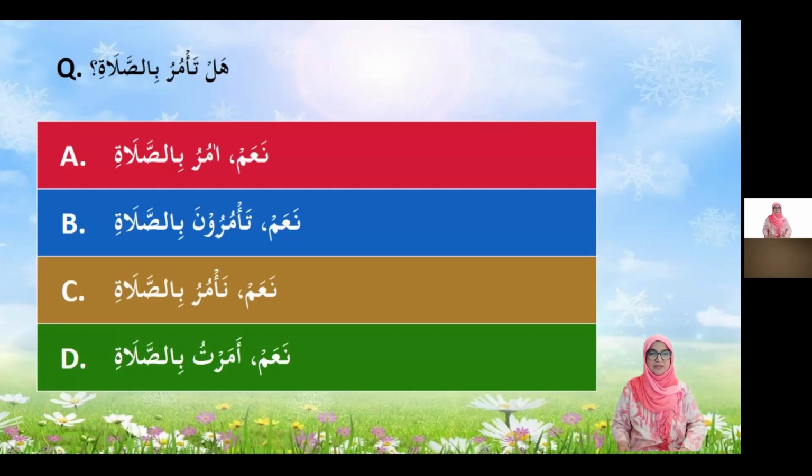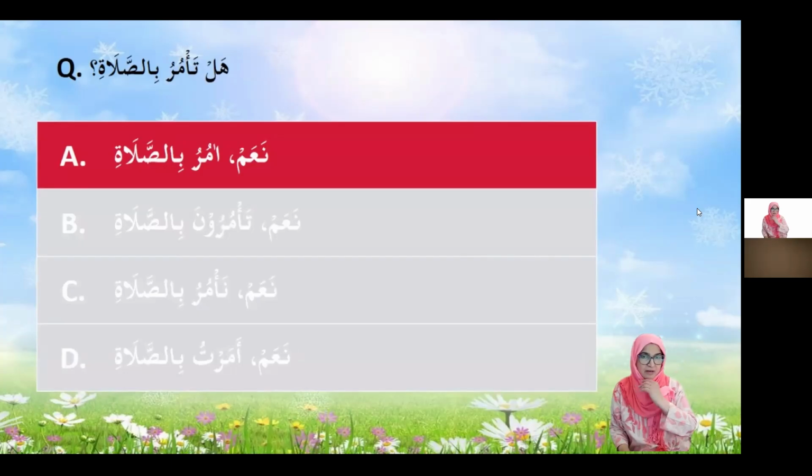Give an answer. نعم آمر. Sorry, yes. هل تأمر? Do you? So yes, I. But when it is you all, so نأمر is we all. So I'm asking, do you? You say yes, I do. So هل تأمر بالصلاة? نعم آمر بالصلاة. Okay, that's the correct answer.